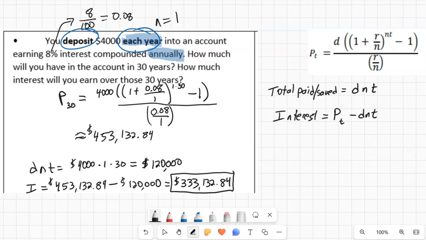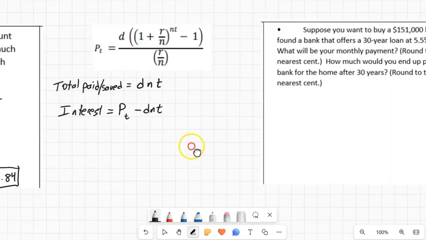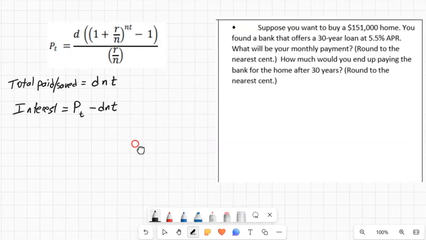Let's see how you do on this by taking a look at the question on the right. So go ahead and pause the video, work this out, see if you get it right. All right, on this problem, we first need to work out how much you end up paying. The monthly payment was D, and you should get $857.36.